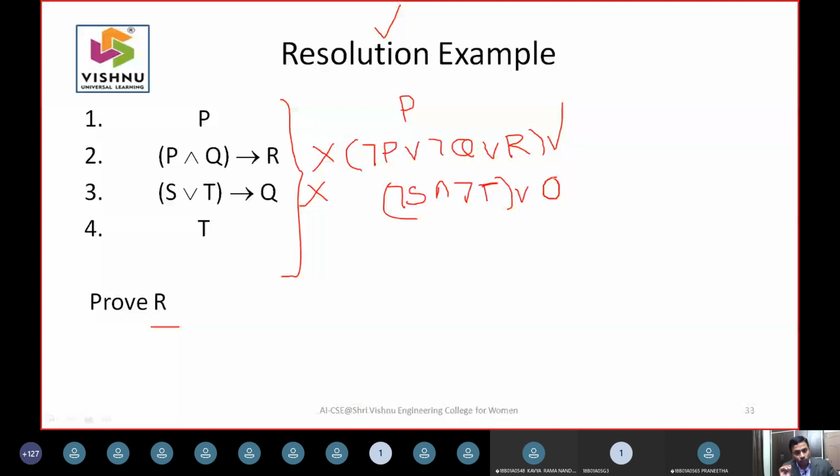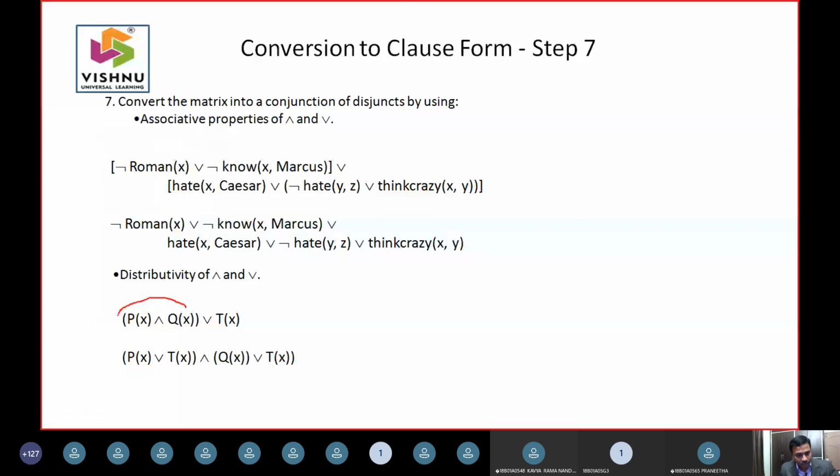As per the rule that we have discussed earlier, if you have something like this, you need to apply this and take this as a simple statement. This is what the rule says. So I'm applying the same rule here.